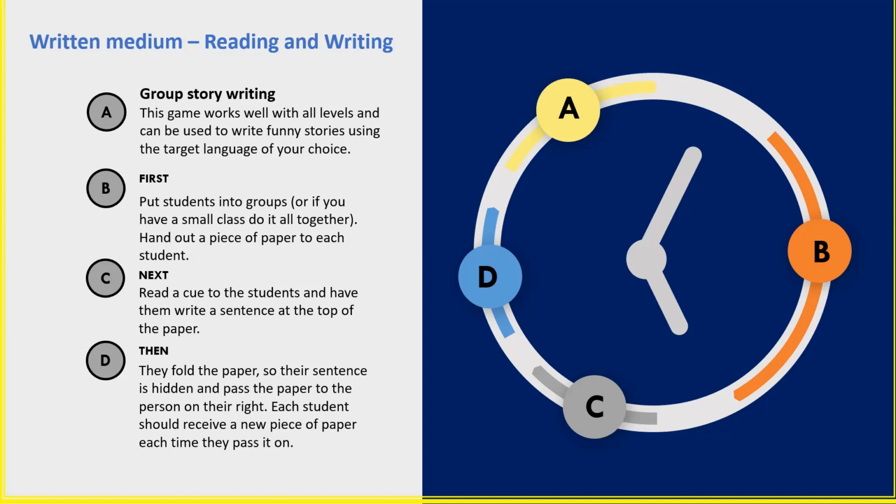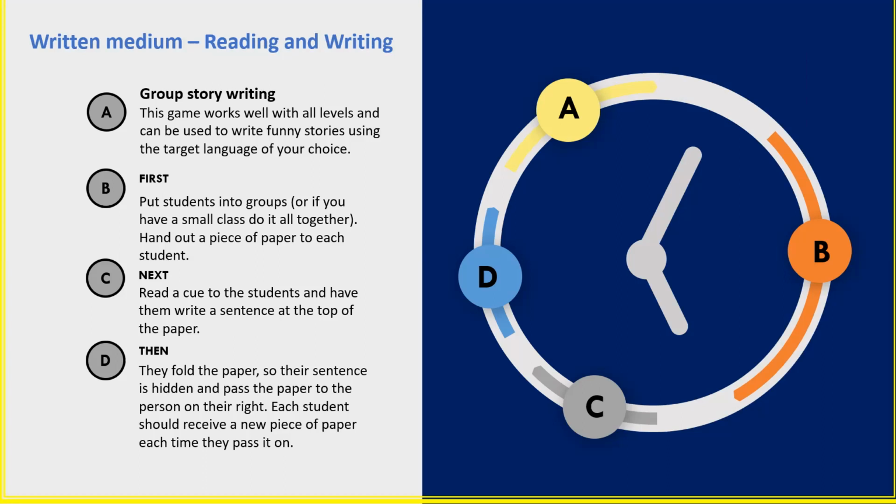So you divide your students into groups, and then you give each student one piece of paper. Then you give them maybe the title of the story, the first sentence of the story, and you ask each one of them to write a sentence. And after writing the sentence, related to the topic or the sentence that you provided in the beginning of the story, they fold the paper and pass it to their right.